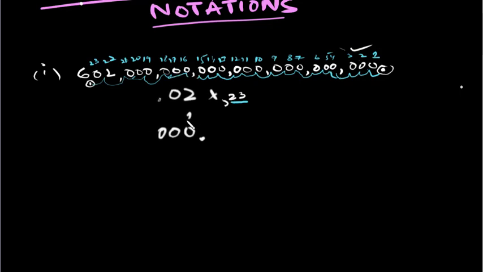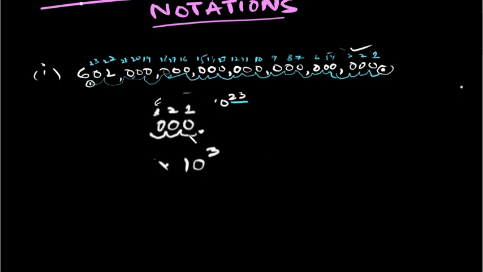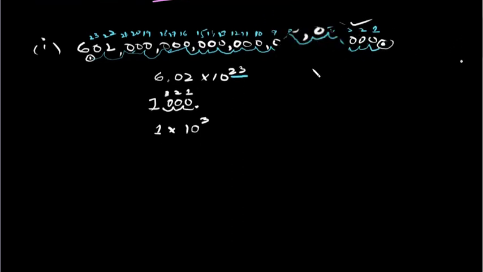First, second, and third. So this point will move this way, then the second place, and then the third place. I can write the same number in exponential notation like this: 1 multiplied by 10 raised to the power 3. So this is the main method.